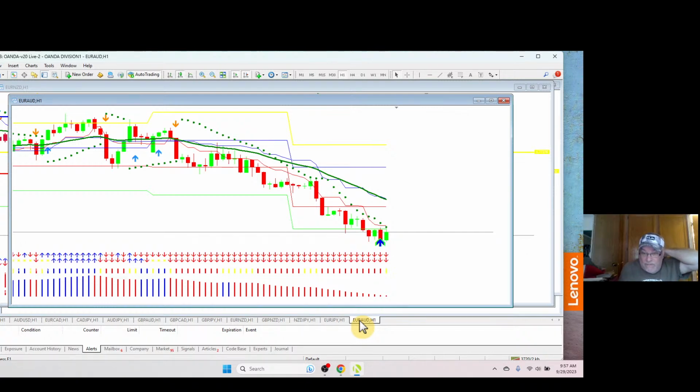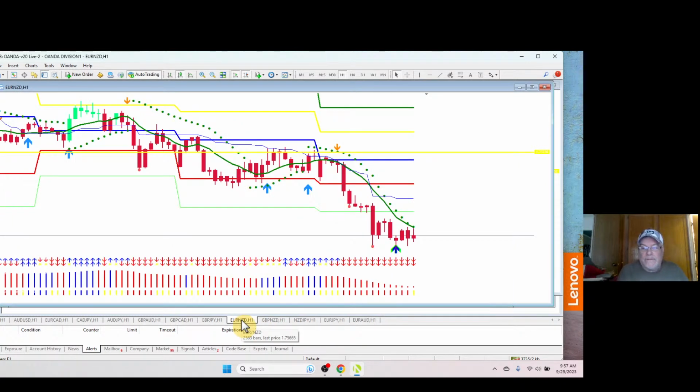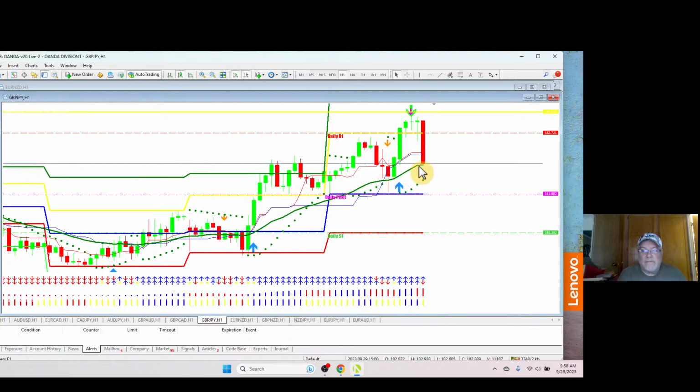Hopefully that won't come back up and stop me out on the New Zealand yen. But it won't be a loss, because it's at break even now too. The pound yen is actually working now. See there?